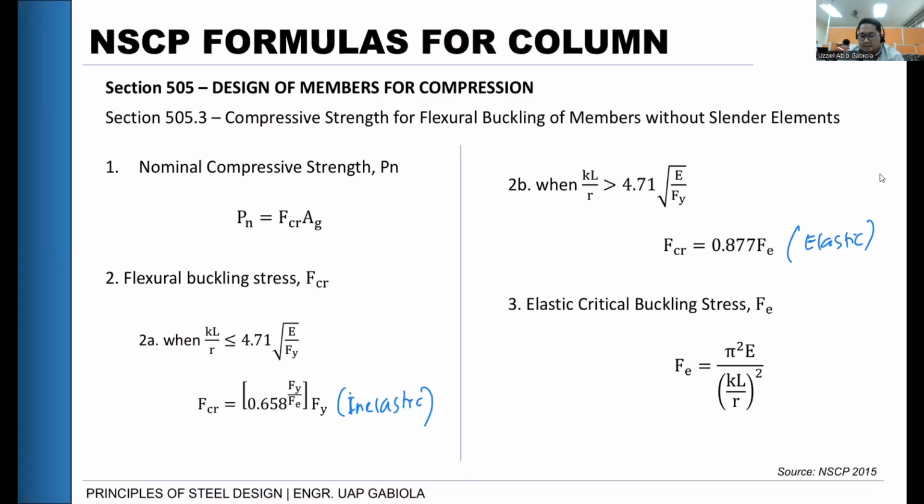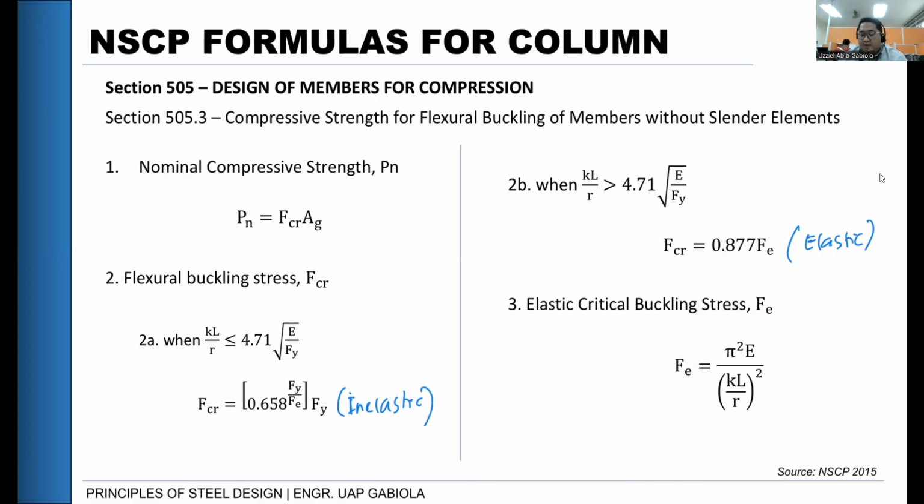And then, again, ito yung na-derive natin earlier. Okay? So, pina-explain ko lang para alam natin kung saan nanggaling 'to. Para aware tayo kung saan na-derive itong formula na 'to, which is already discussed earlier. Alright? So, ayan po yung mahalagang equations for compression members natin.